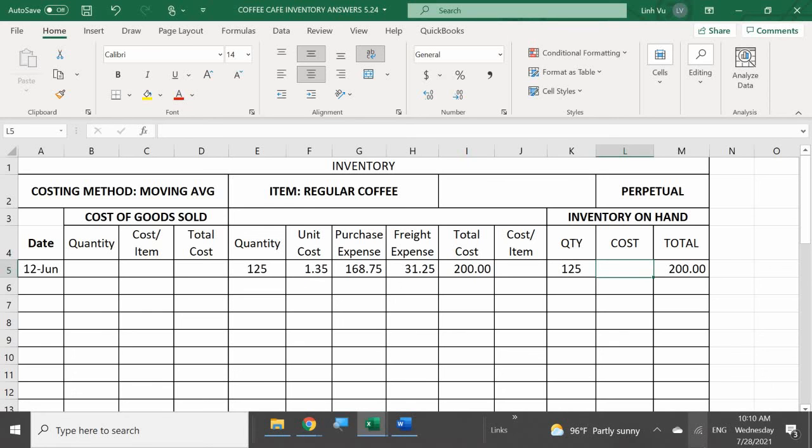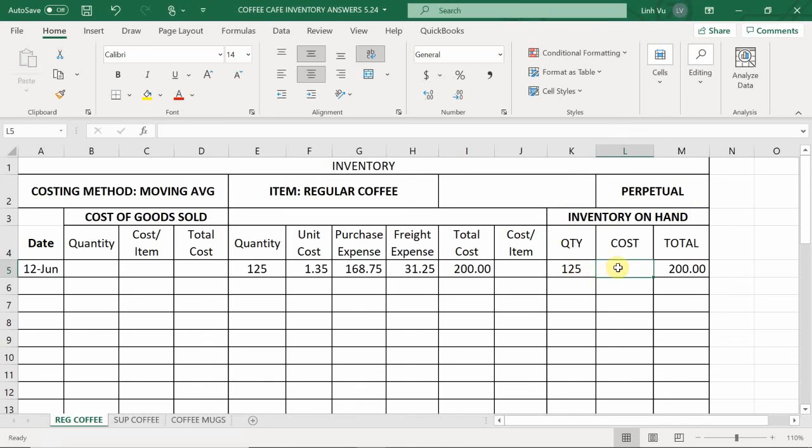So in this case, I'm going to constantly be self-referencing my quantity and my total cost, but the formula lies in the cost per item because once again, every time we purchase inventory, we need to recalculate the cost per item. Every time we sell our inventory, we need to recalculate our average cost per item.